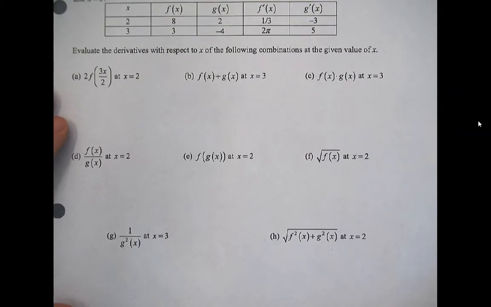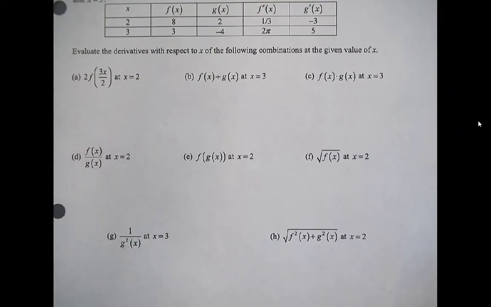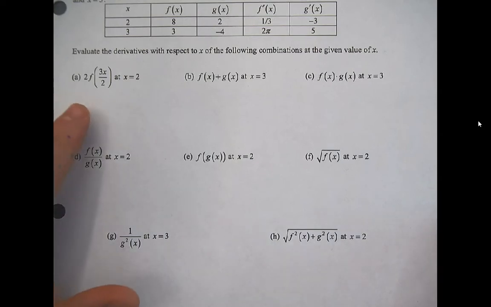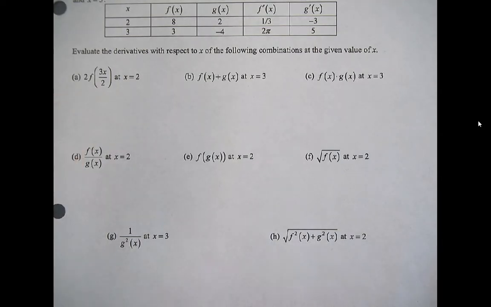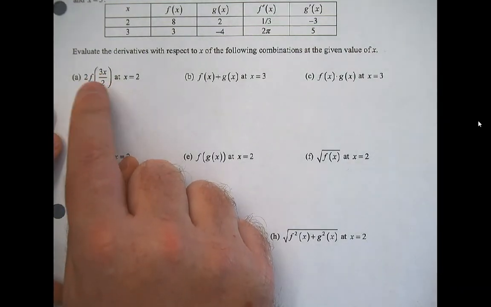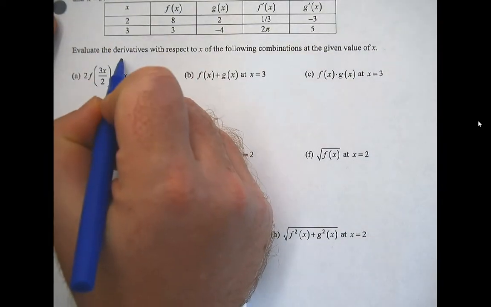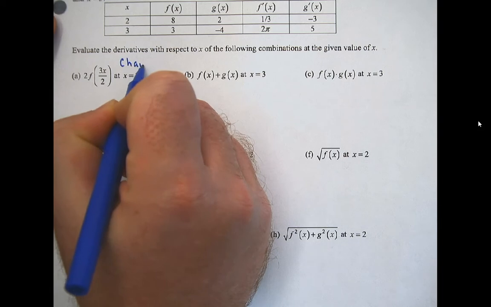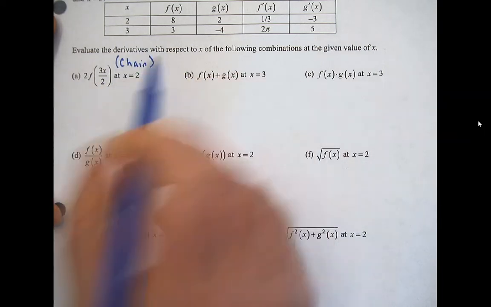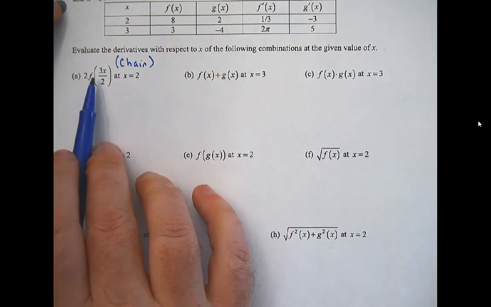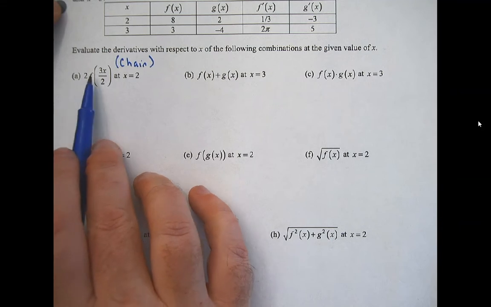So what you have to ask yourself is, what type of rule is this? I've got 2f of 3x over 2. So I've got something inside of something else. 3x over 2 is inside my f function. So this is a chain rule. What's the derivative of 2f of something?